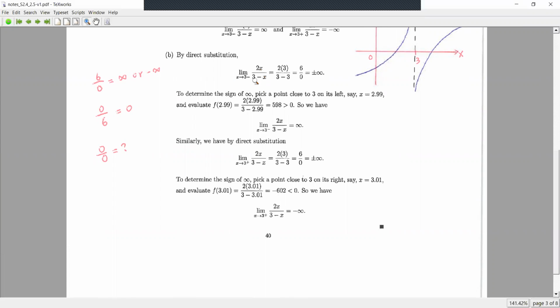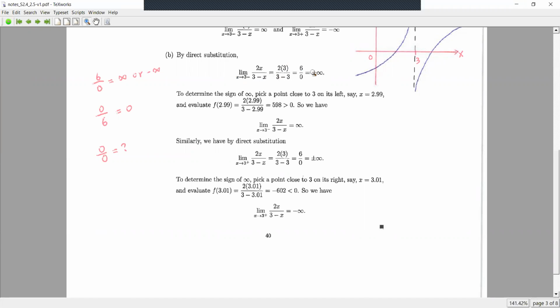To find this limit by direct substitution, plug in the number 3 in x. Then this limit is this number. This number is 6 divided by 0. A non-zero number divided by 0 should be infinity, either positive or negative infinity.